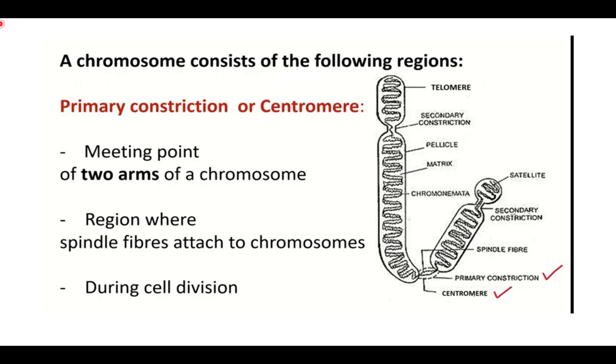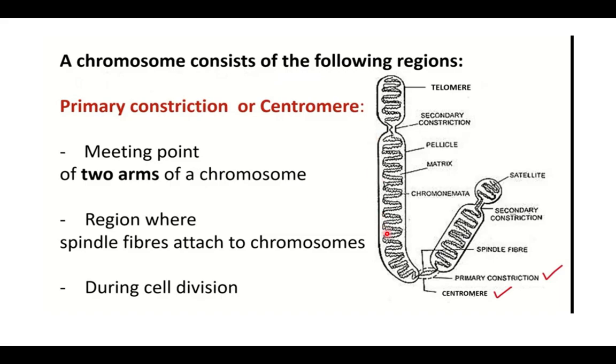And then this chromosome consists of the following regions. This is very important, children. Please listen carefully. Primary constriction or centromere. You can notice the primary constriction here. So the chromosome arms are meeting at a point.